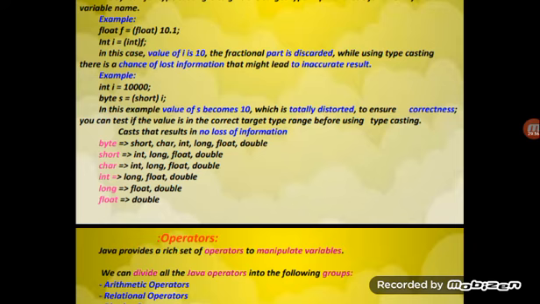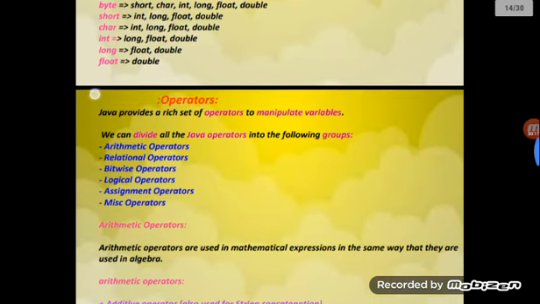Short can be converted to int, long, float, double. Character to int, long, float, double. Integer to long, float, double. Long to float, double. And float to double. These are the casts converting data types.